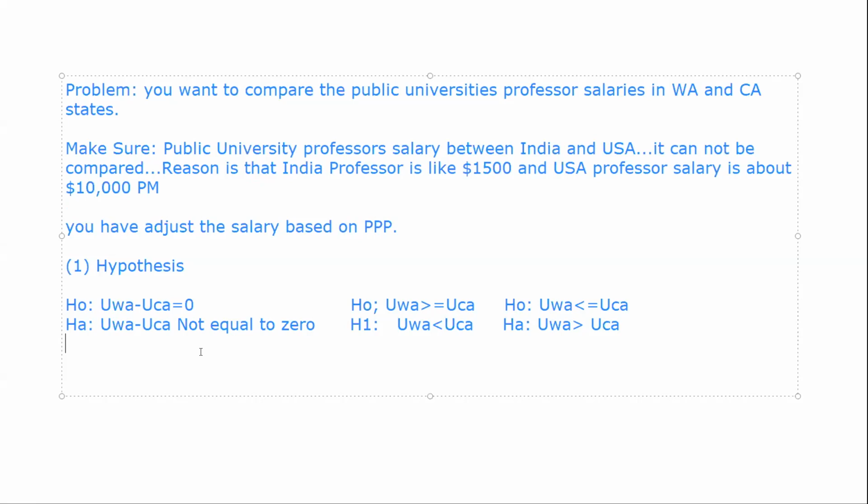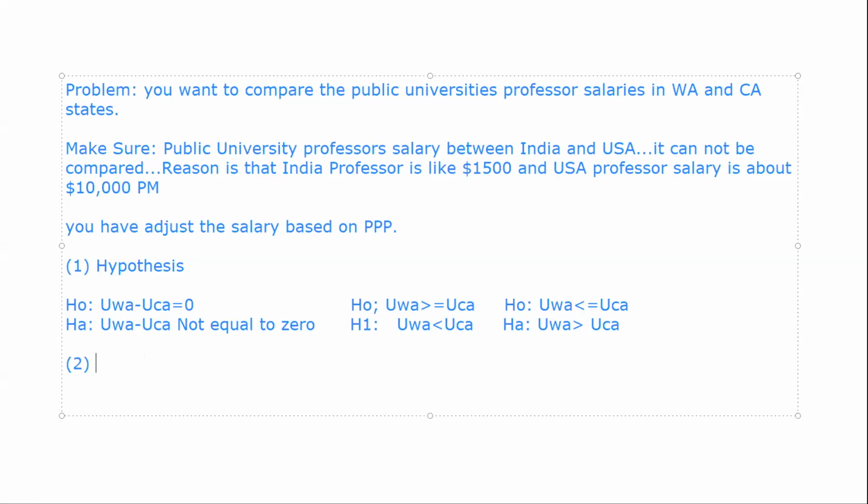Now what is the second step? When you do the assignment, you have to follow this step by step process. The second step is based on what kind of confidence interval, what kind of significance level.